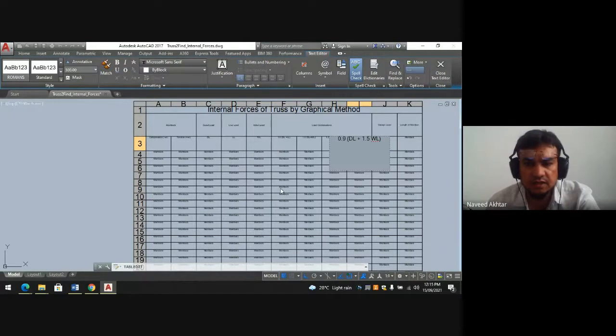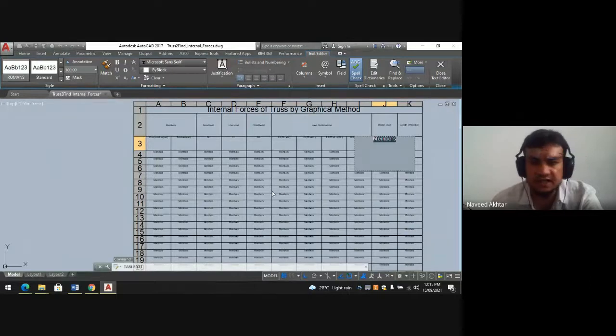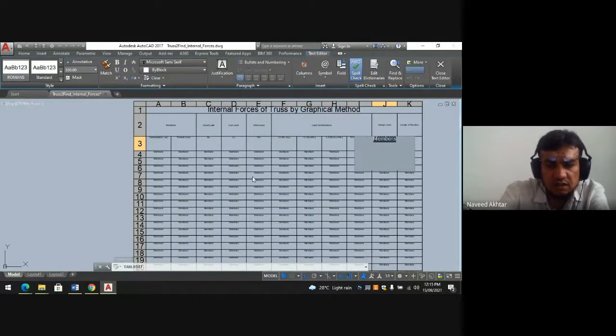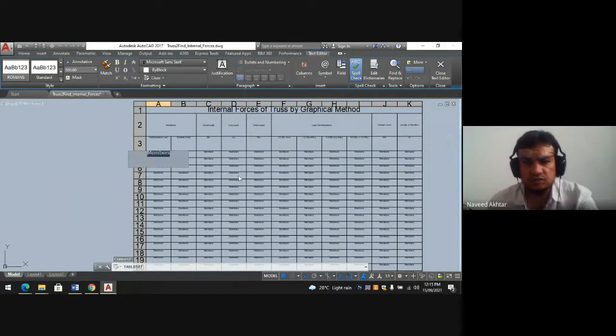Okay. All values in kilonewton. The design load in kilonewton, and member length we will consider in meter. Okay.